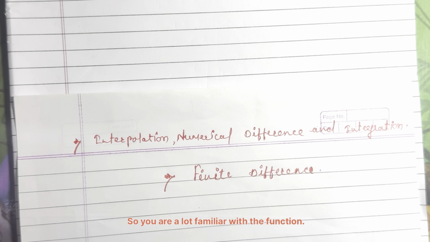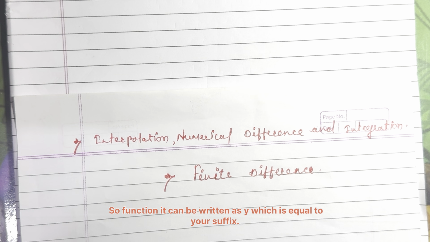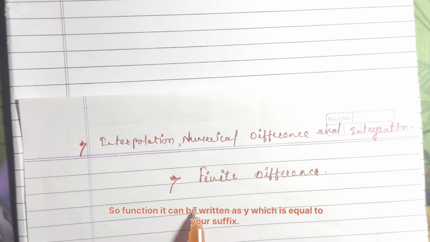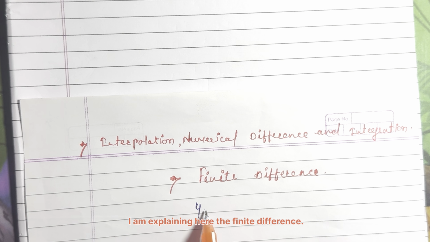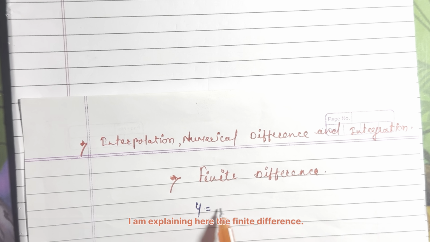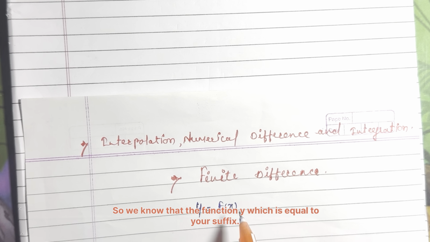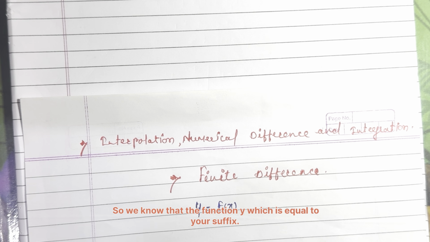You are all familiar with the function. A function can be written as y equals f of x. I'm explaining the finite difference here.